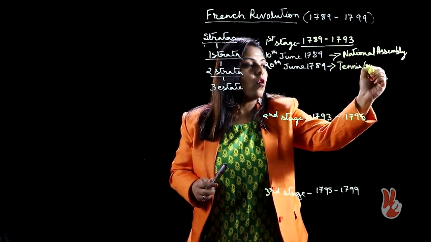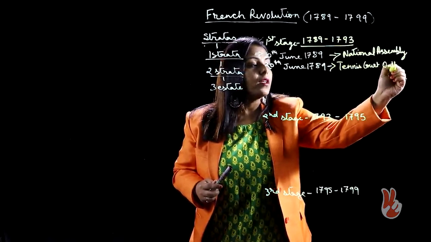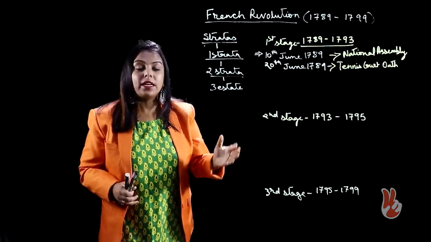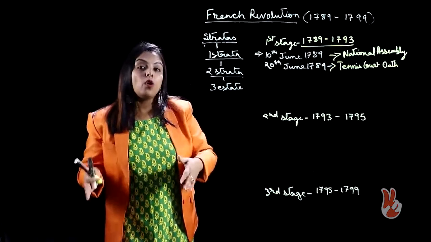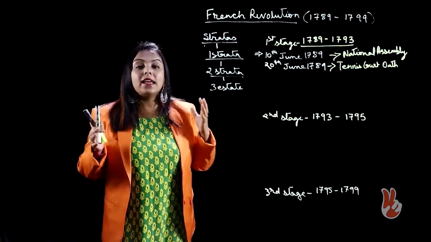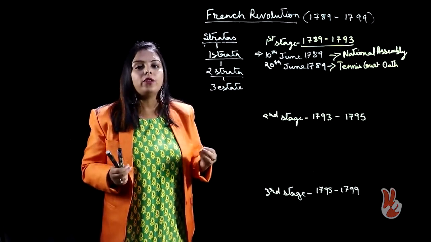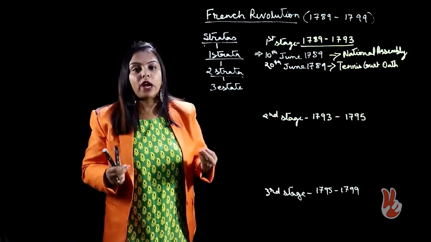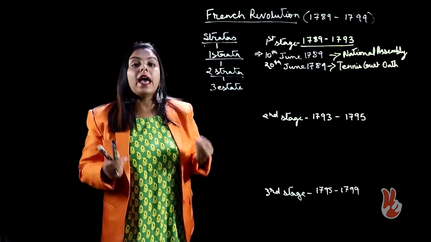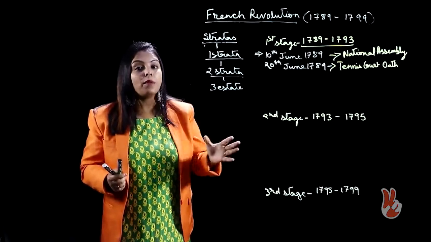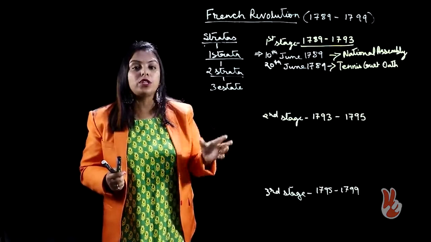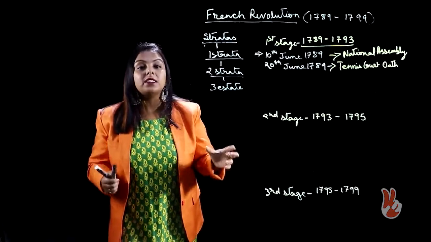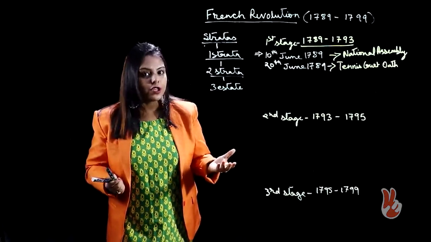In this incident, all the people who represented the National Assembly came out, gathered in the court of the Palace of Versailles, and took an oath that they were going to formulate a new constitution for France which will give France democracy, liberty and equal right. At least they promised that they will formulate a constitution which will allow the people of the 3rd estate to fully participate in the administrative procedure of France.